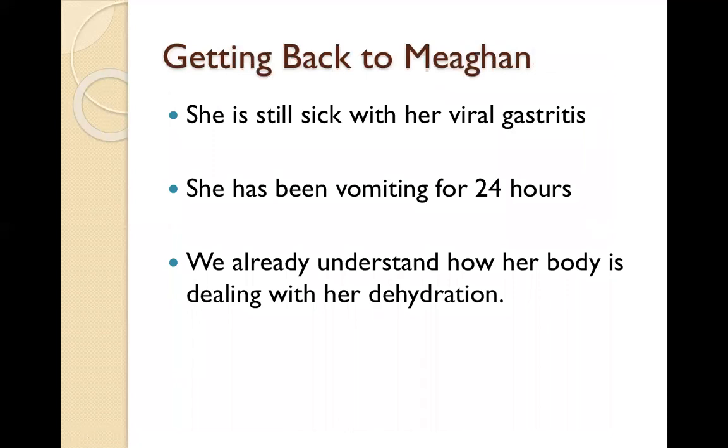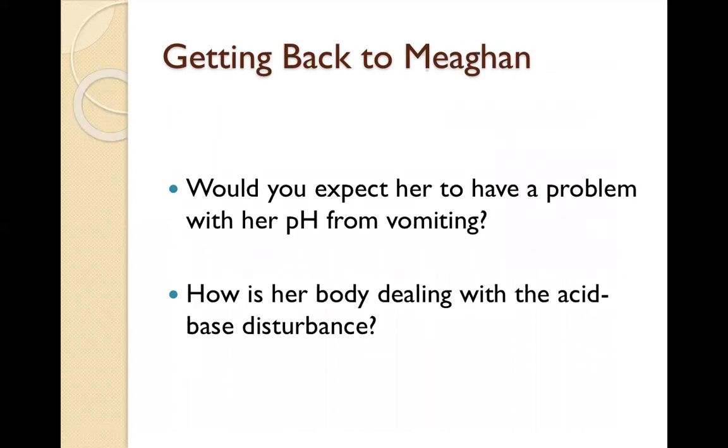So let's get back to Megan. She's been sick with her viral gastritis. She's been vomiting for 24 hours. We already understand how her body's been dealing with the dehydration and the low blood volume and low blood pressure, but she has an acid-base disturbance. Would you expect her to have a problem with pH from vomiting?